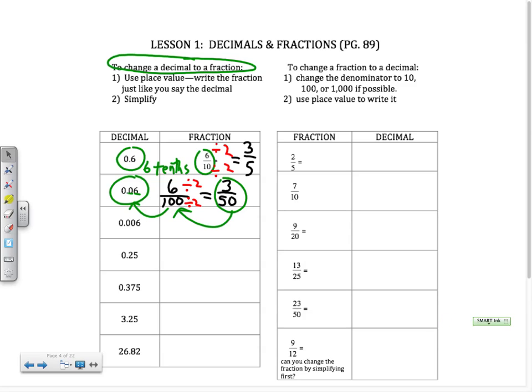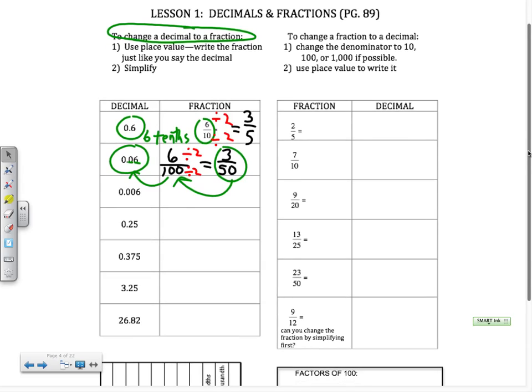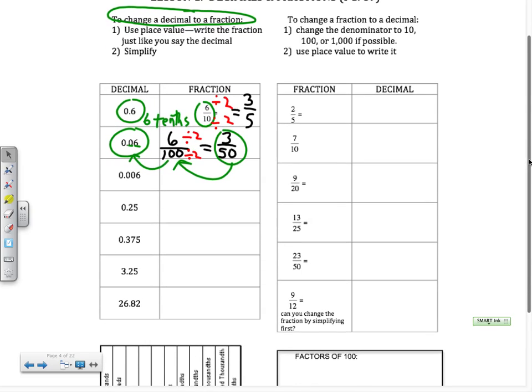So keep in mind a couple things. Keep in mind everything you know already. You know how to say a decimal number. You know how to simplify fractions using the GCF. You know a lot right now. So use what you know to do the rest of the problems.